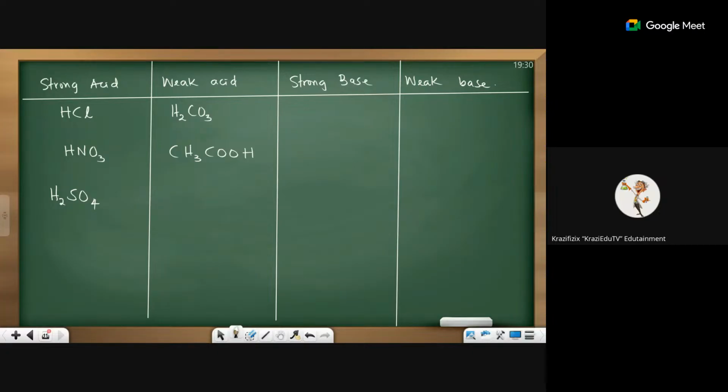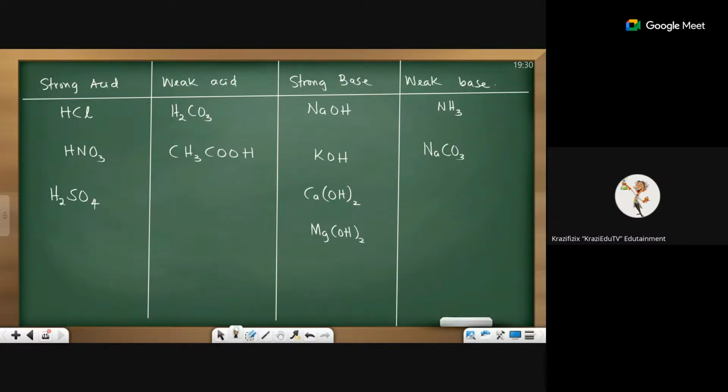Your strong base, we go to group 1 and group 2. So I should be talking about common examples: my sodium hydroxide, my potassium hydroxide, my calcium hydroxide, my magnesium hydroxide. The 2 is because they are in group 2. My weak bases would be ammonia, sodium carbonate.